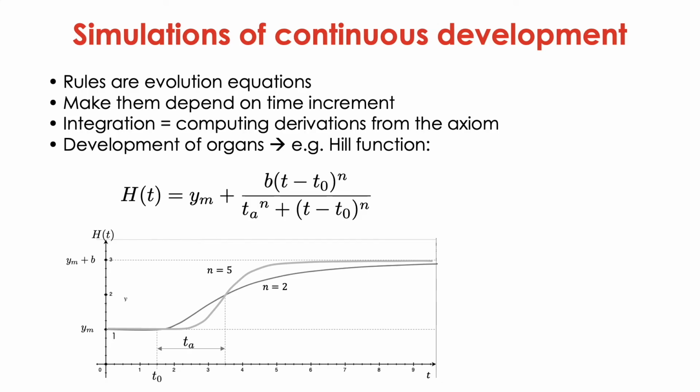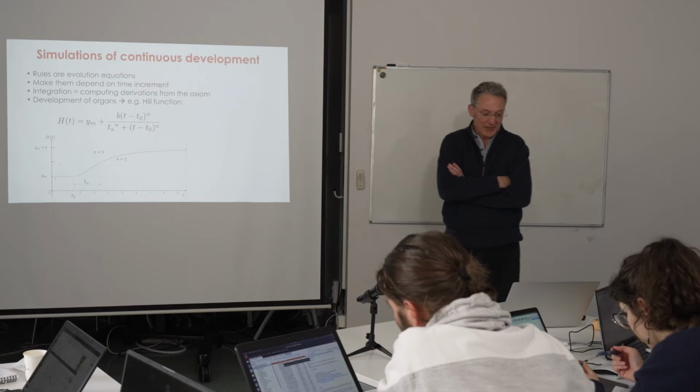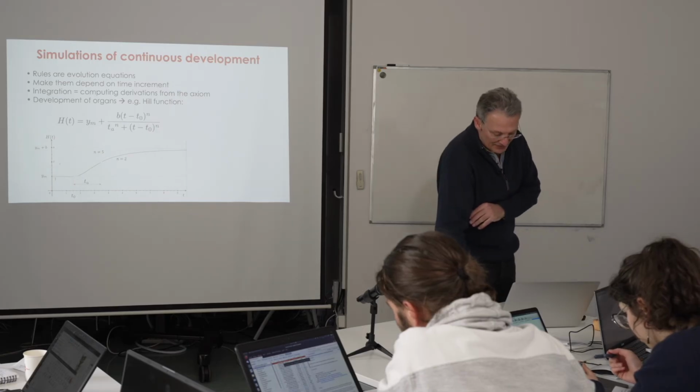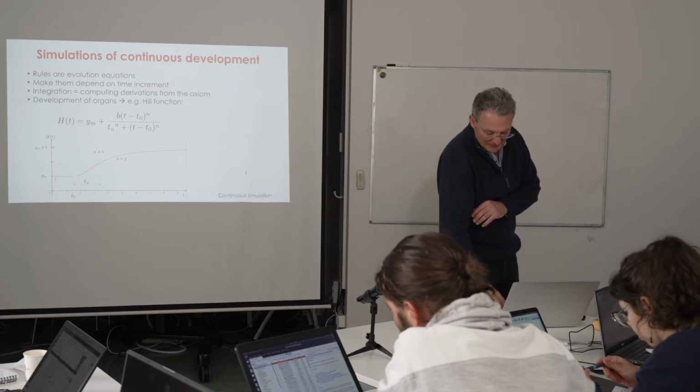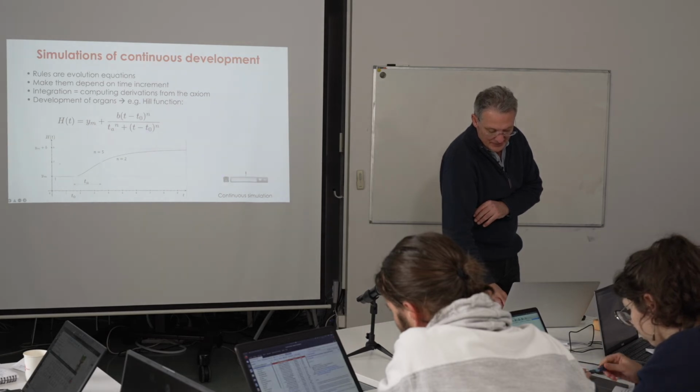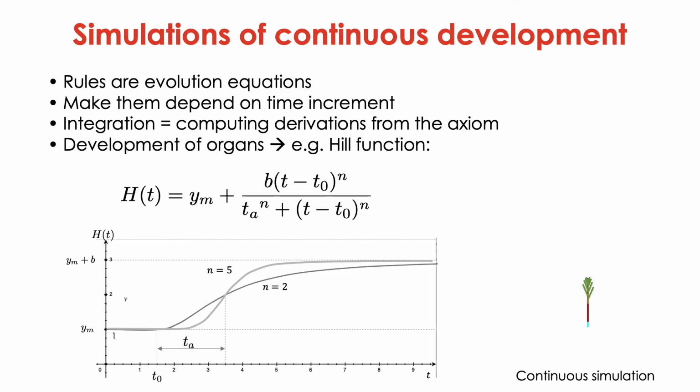Okay, so this was a way to model the branching. So now we want to simulate the continuous development of an axis so that we can have this type of simulation and see how we can induce branching patterns that would come from the continuous growth of an axis, like this one.